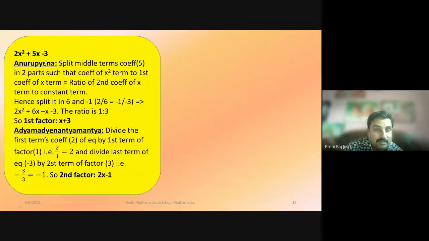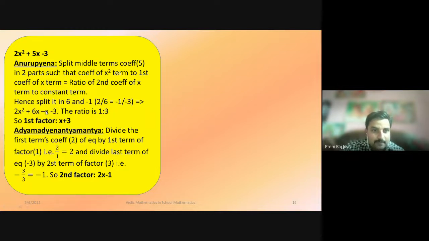But in splitting those two numbers, we need to keep in mind the ratio of the coefficients. The coefficient of x square is 2. For example, I split 5x into two terms, 6x minus x. The coefficient of x square is 2 and the coefficient of x is 6, so the ratio of 2 and 6 is 1:3.